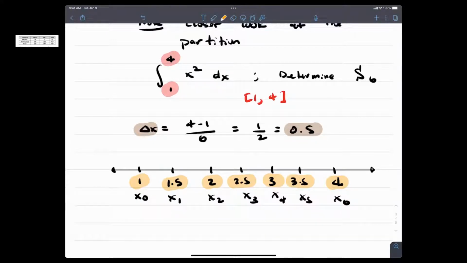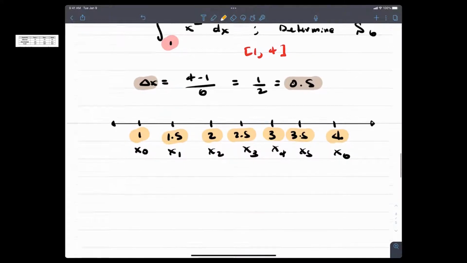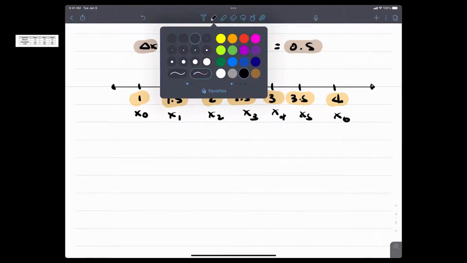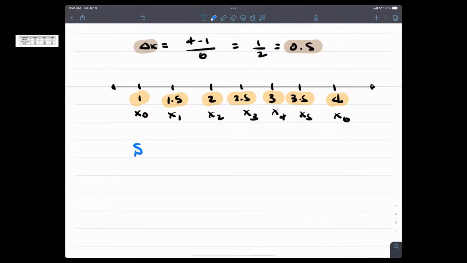Okay, so after you get your delta x and after you get your xi values, these partition values, what do you think you're going to do? You can say what? S6 is, what's the formula? Delta x over 3 times f of x naught. I always write it down because if I don't, I might forget it.